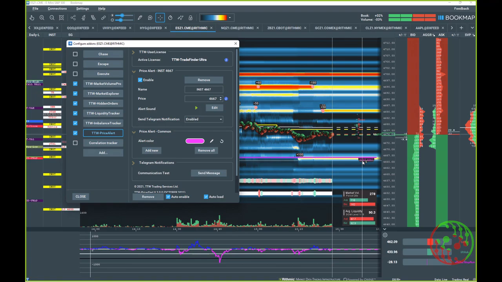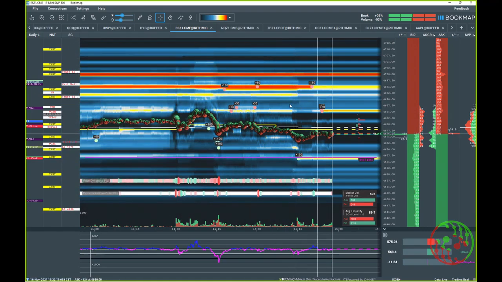You can define yourself whatever you want, and when the price hits 67, an alert or notification, if you are using Telegram, will be sent to your Telegram, either desktop or mobile, and a sound will be played here on your PC or laptop, whatever you have, and alerts you, okay, this level was hit at 67, and then this label will be crossed and indicates, okay, that level was hit at that point.